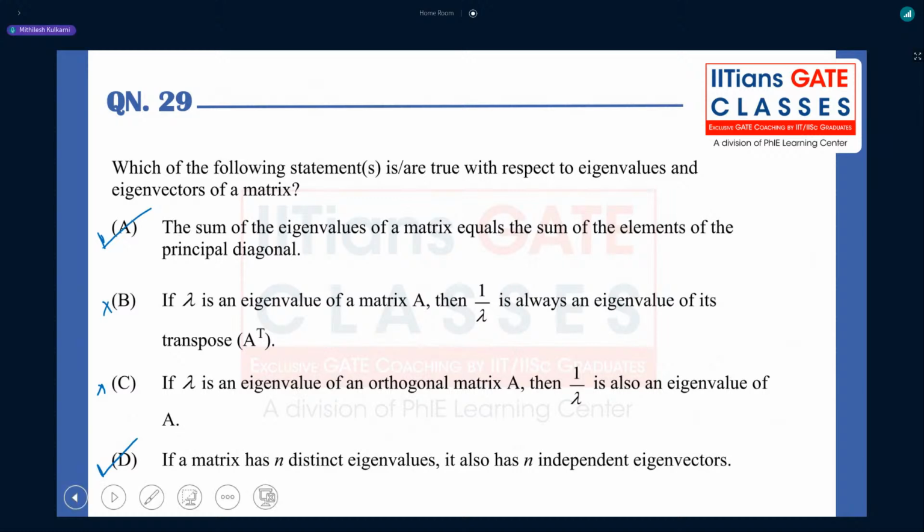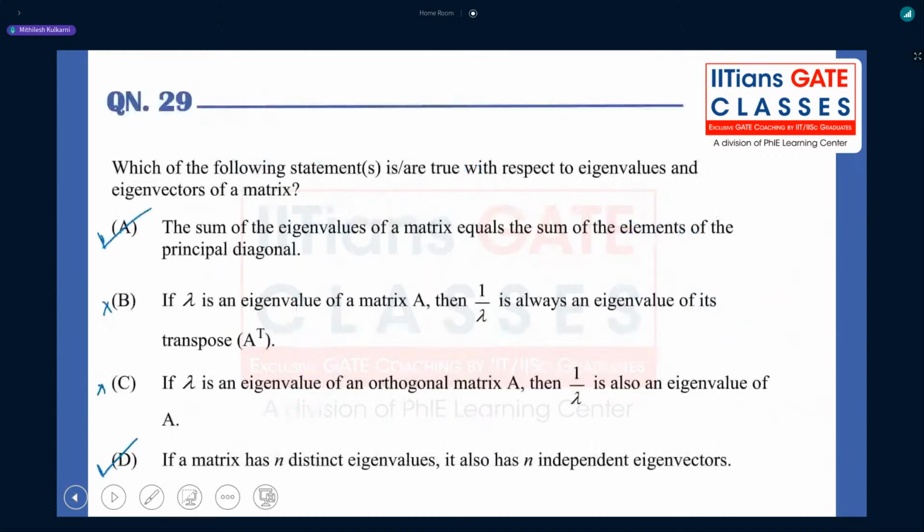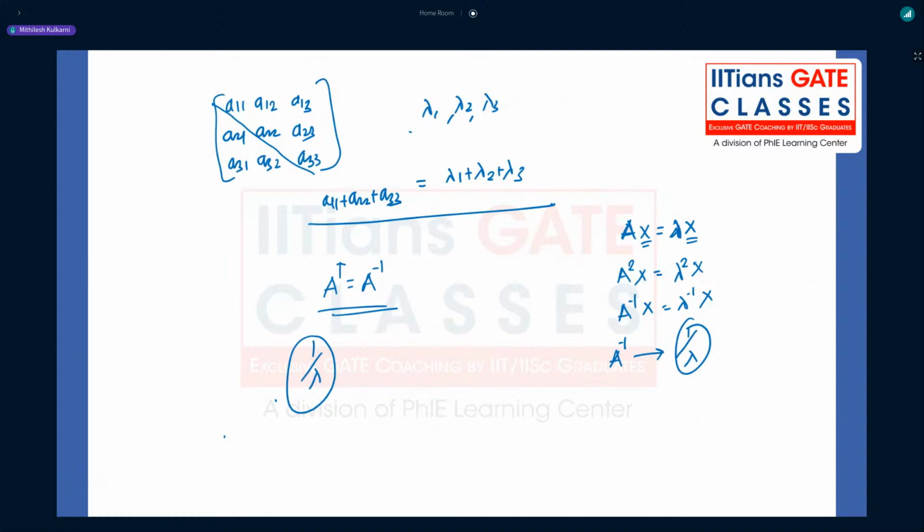So let me just try to help you in understanding this concept, especially because I removed these two options of eigenvectors, option B and C. I'll try to explain it once again. So we know the characteristic equation of the matrix is determinant of A minus lambda equal to 0, and then in order to get the eigenvectors, we multiply A minus lambda with x, right?